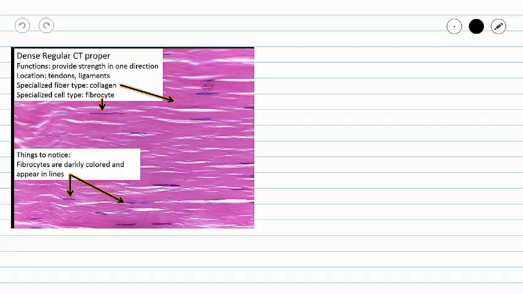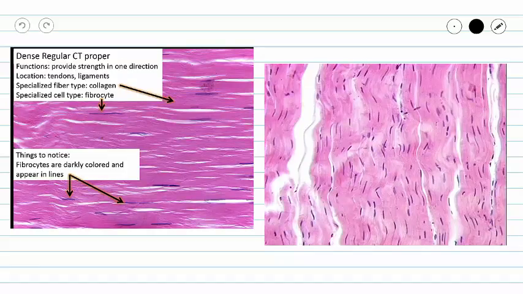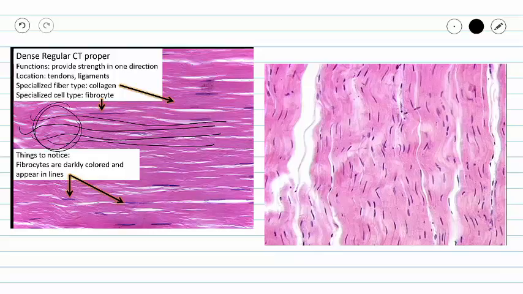But let's take a look at a couple of different pictures. Here our collagen fibers are oriented in different directions. In our original picture, we had collagen fibers going horizontally across our screen with a little bit of waviness right here. But in our new picture, you can see that our collagen fibers are a little bit more wavy, and they are going in the vertical direction down our screen. Okay?